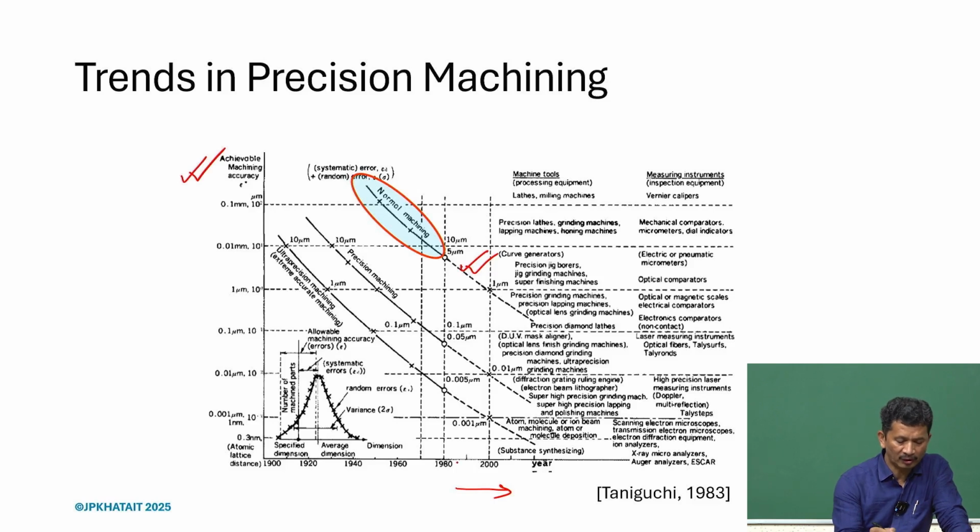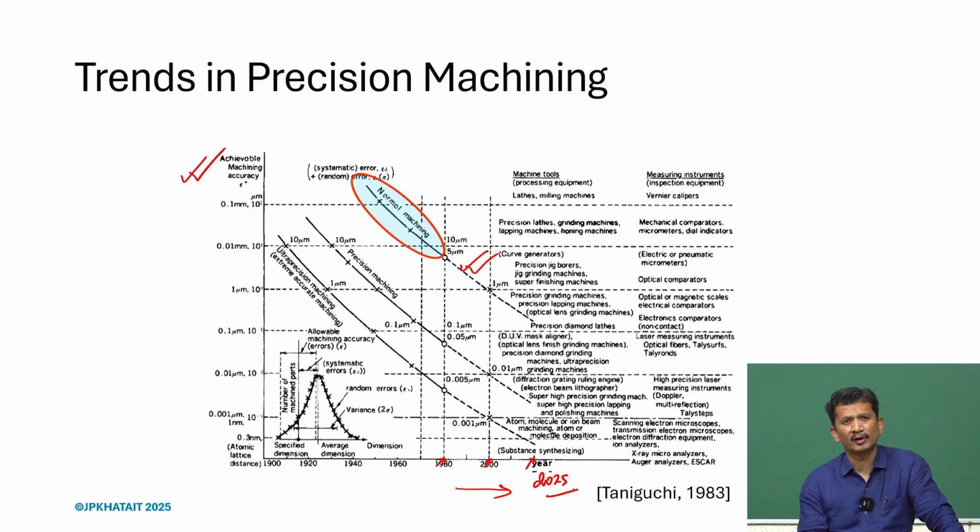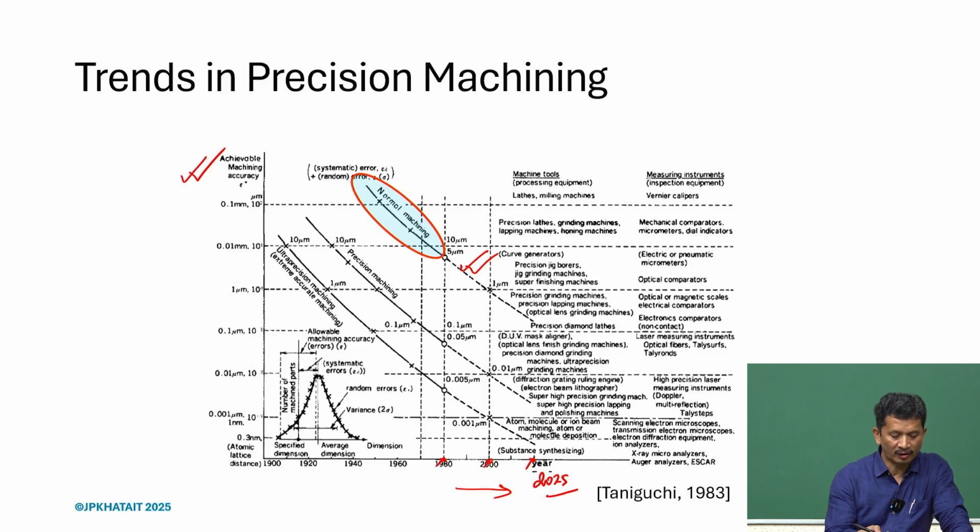If you see the timeline, this is 1980 and this is 2000, and probably now we are somewhere here, 2025. Even in the 1980s, normal machining was more or less 5 micron, but by the time 2000, it had reached 1 micron already.